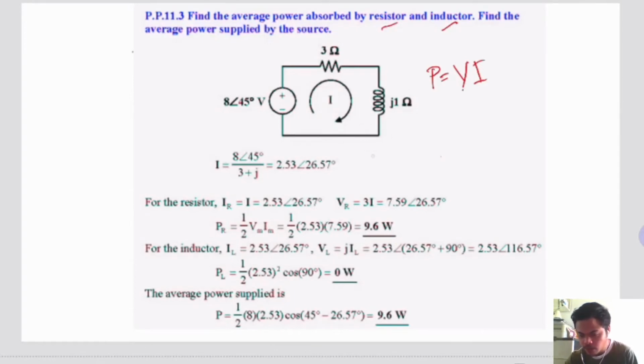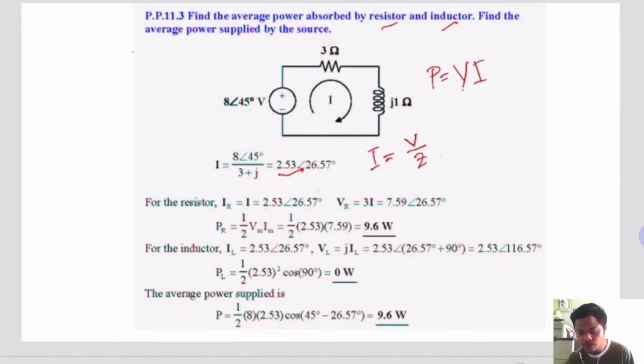By Ohm's law, we can compute the current as voltage divided by the total impedance of the circuit. Using KVL, we have 8 angle 45 divided by the impedance 3 plus j. So we have the current 2.53 angle 26.57 degrees.